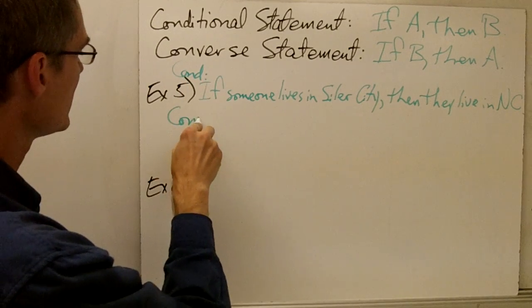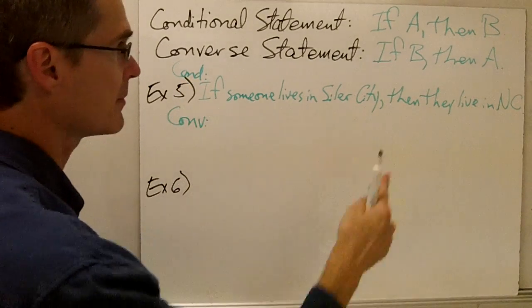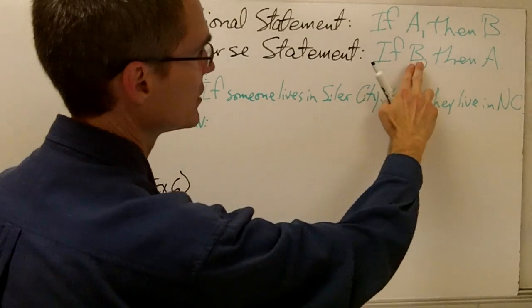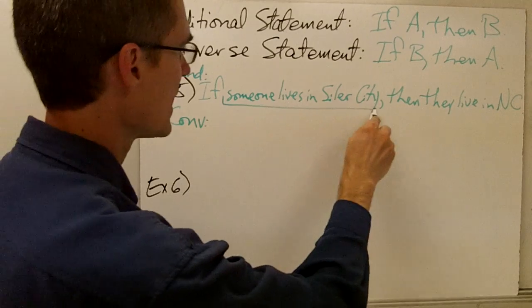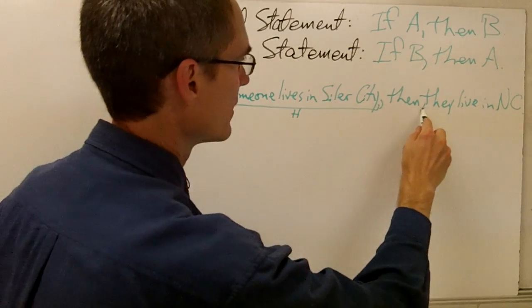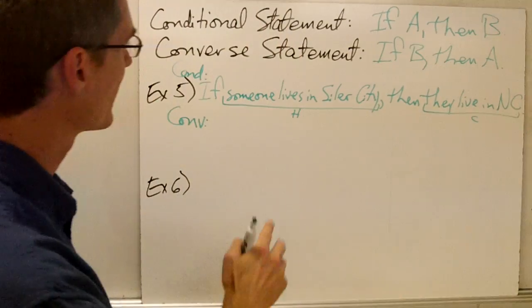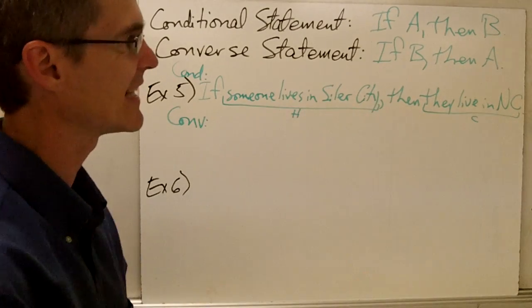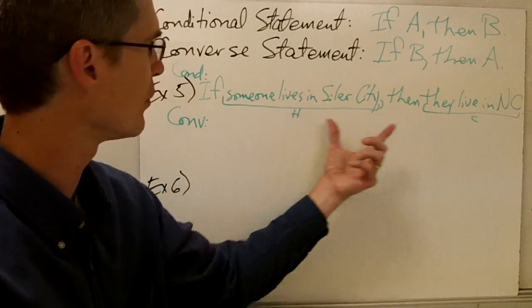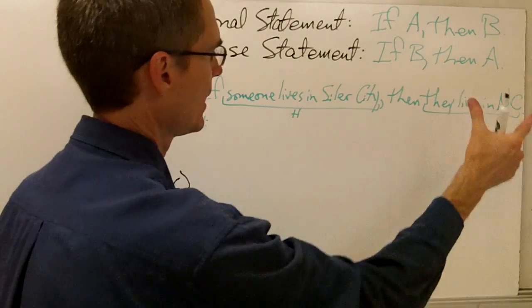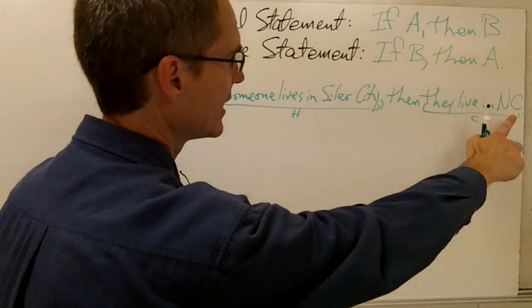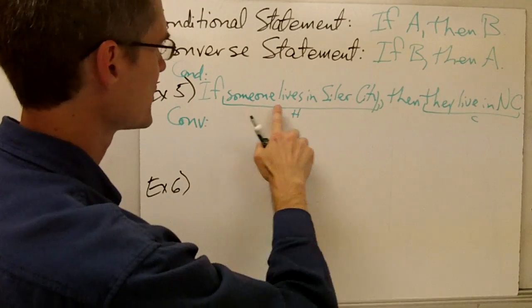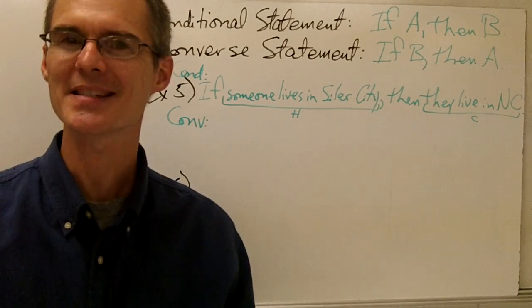Now I want to also write the converse of this statement. Well, remember, to write the converse, I just need to swap the hypothesis and the conclusion. This is my hypothesis. This is my conclusion. Now, since my statement is actually in English, I'm going to do a little bit more than just picking this up and moving it over here, because if I did that, then my statement would read, if they live in North Carolina, then someone lives in Siler City, and that doesn't make sense grammatically.